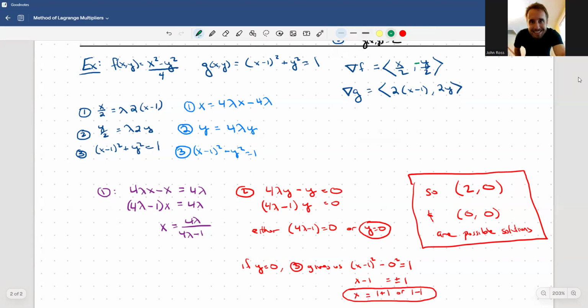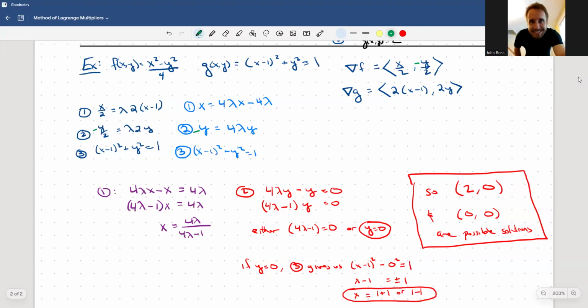So this is negative y over 2. Let's see how this affects things down the road. And if we're lucky, it won't affect the points that we've already identified. So in particular, this will affect equation 2 because we should have a negative sign out front in this rewritten form.